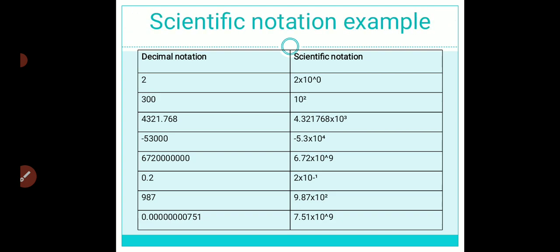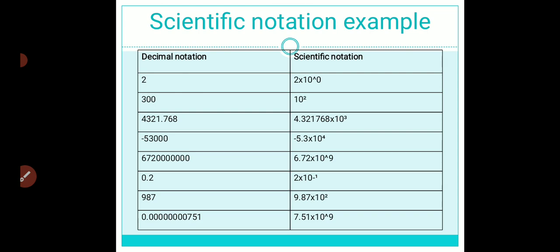So, scientific notation examples. In decimal form, 2 in scientific notation is 2 times 10 to the power of 0. If the decimal is 300, the scientific notation is 3 times 10 to the power of 2.